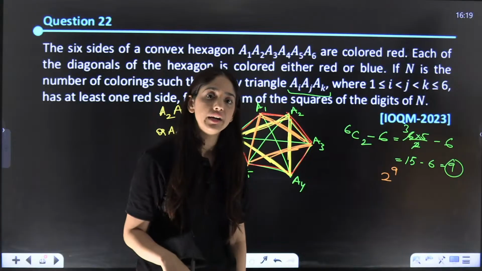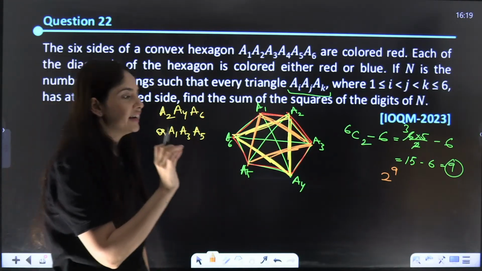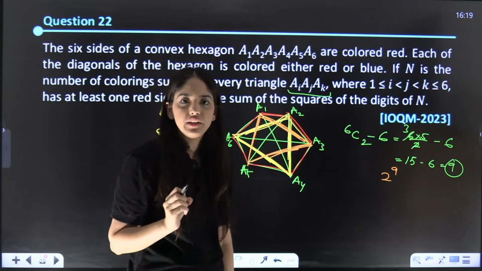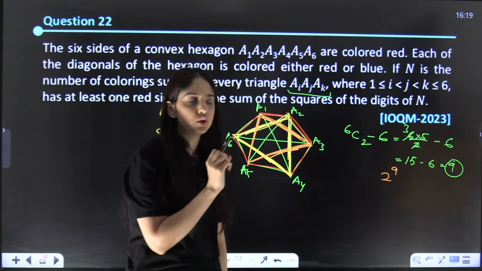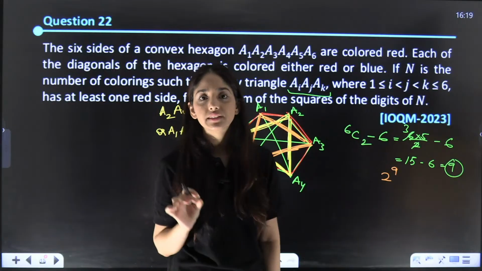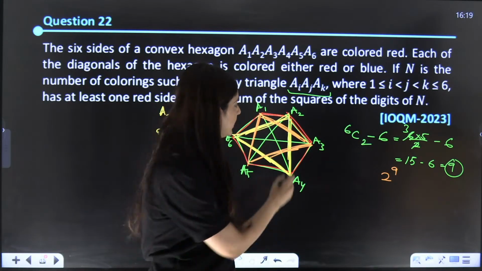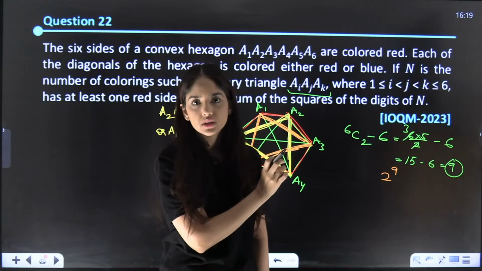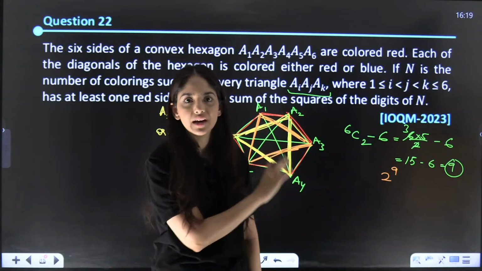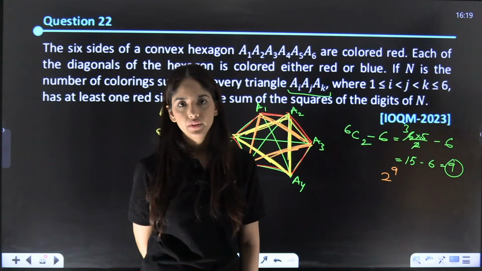But now we have a condition that every triangle AIAJAK, you pick any 3 of these vertices and you will have a triangle, and now each of these triangles needs to have at least one red side. So if we are picking 2 adjacent vertices, then we have made sure that that triangle has at least one red side, right?